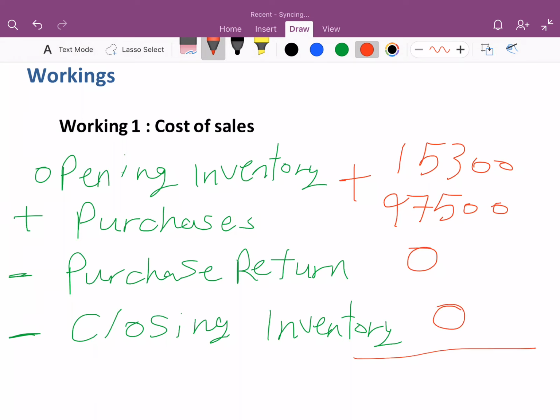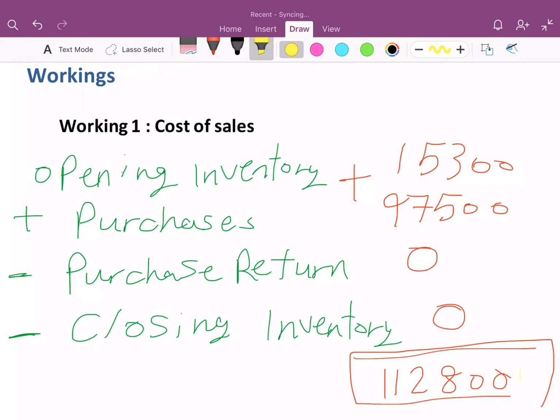So once you work that out, you will have this number. So what are you going to do with this number? This is the cost of sales. This we're going to write in our income statement.